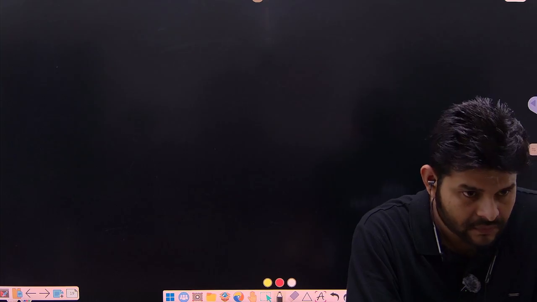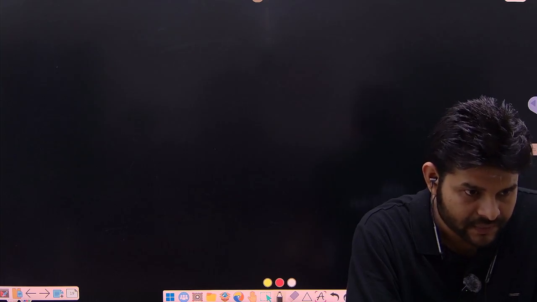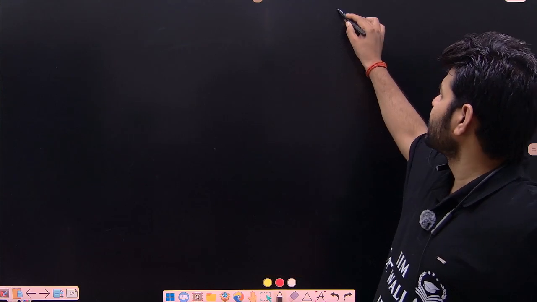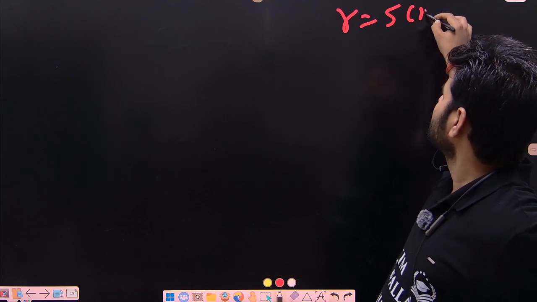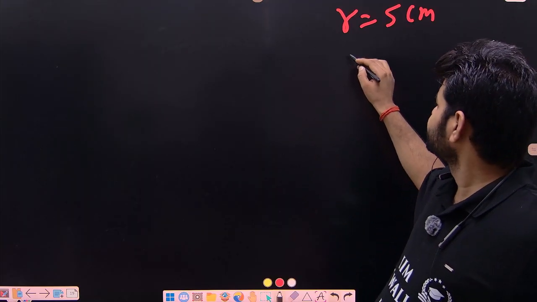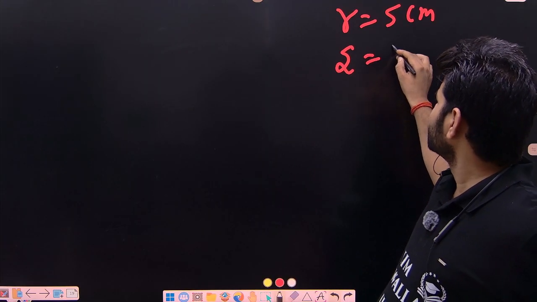45. No option is 45. The incircle radius has been given as 5 centimeter and the perimeter is 30.